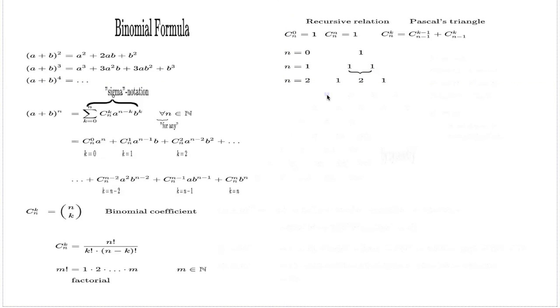Now when you go after the third level, again you put the identities on the end sides of your level, and then you fill in the interior by taking again sums of the two elements above it. So you take the sum of these two elements, which is 3.